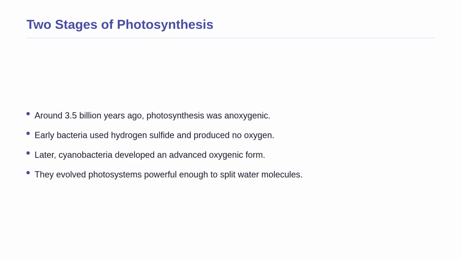Over millions of years of evolution, a specific group of bacteria called cyanobacteria developed a more advanced, oxygenic form of photosynthesis. They evolved specialized protein complexes called photosystems that were powerful enough to split water molecules, releasing free oxygen gas into the environment.